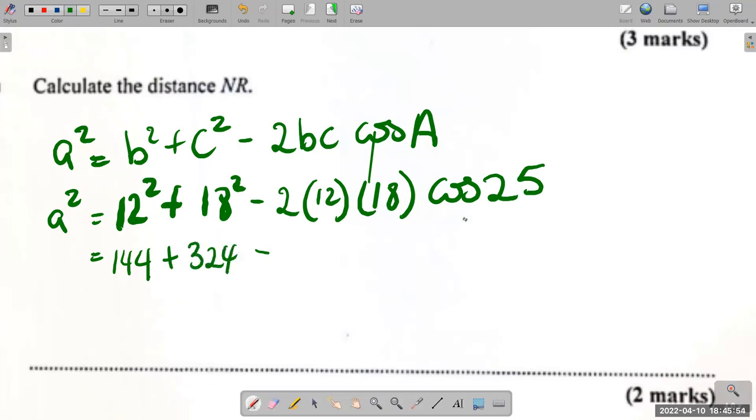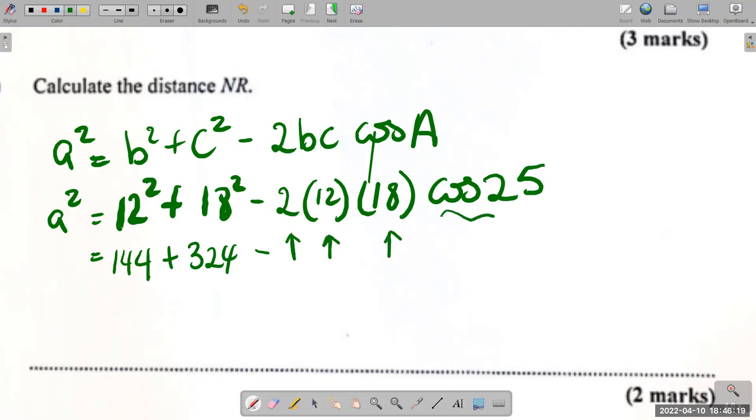Minus, what is these three? How many things are multiplying in the back here? Let me see if y'all know what's going on. How many things are being multiplied here after the subtraction sign? Kayla said 3, Janella said 3, Jerome said 4. It is 4. Look at it. 2 is 1, 12 is 1, 18 is 1.